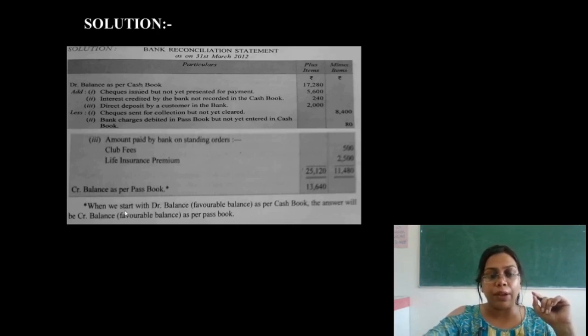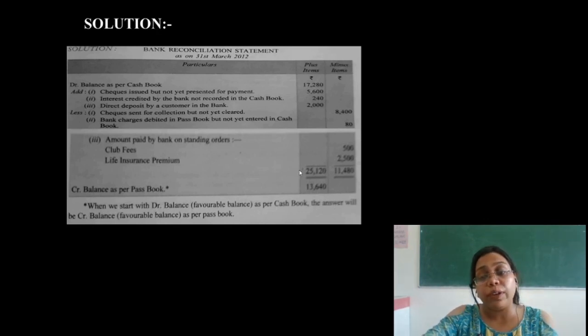So the difference between both the columns will be our answer, the difference between 25,120 and 11,480, which is rupees 13,640. This difference will be our credit balance as per passbook.